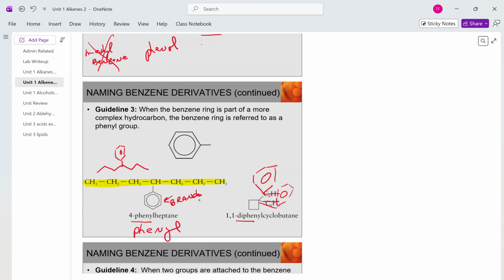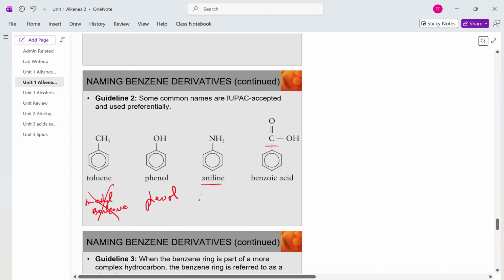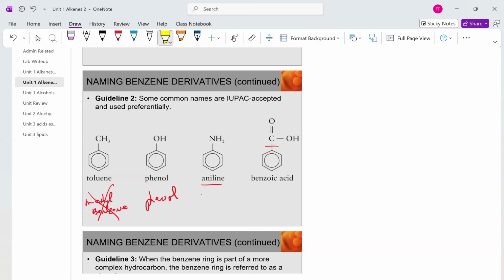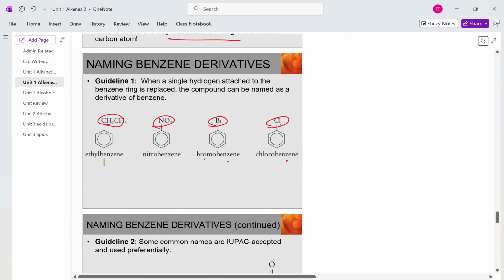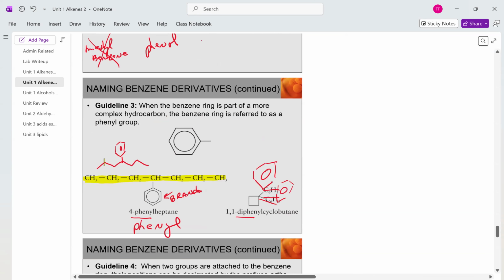Okay, so if it's the base, so basically that's the backbone. If it's the backbone, it's a benzene-based name. If it's a branch, it's a phenyl name.